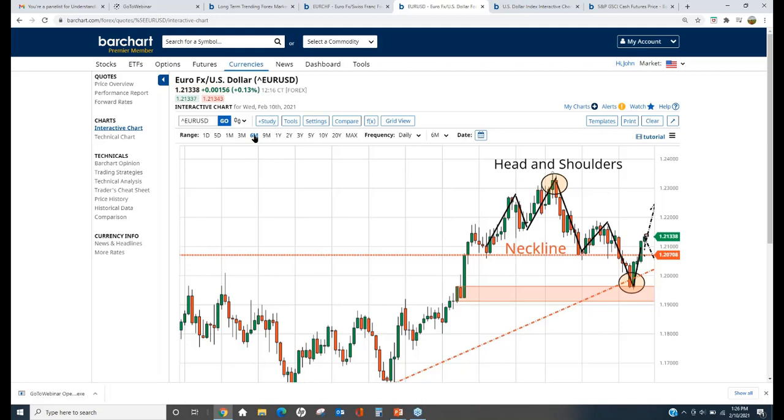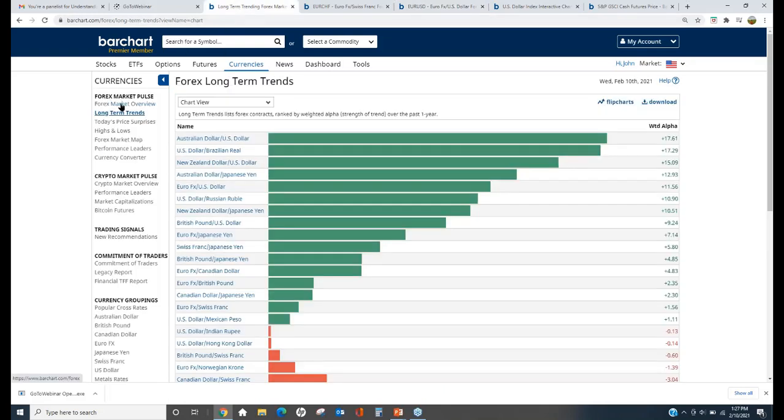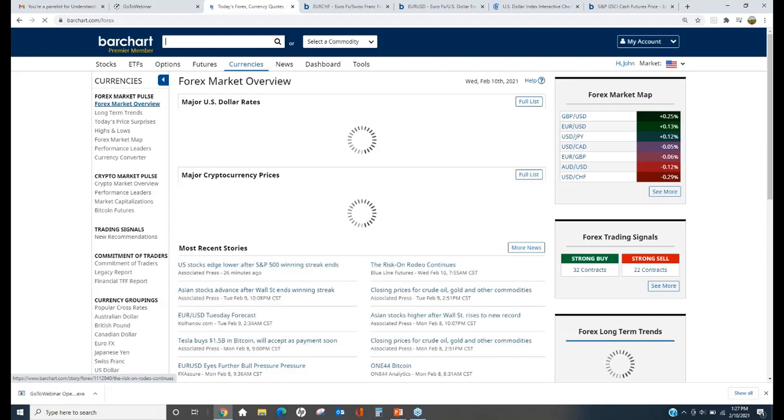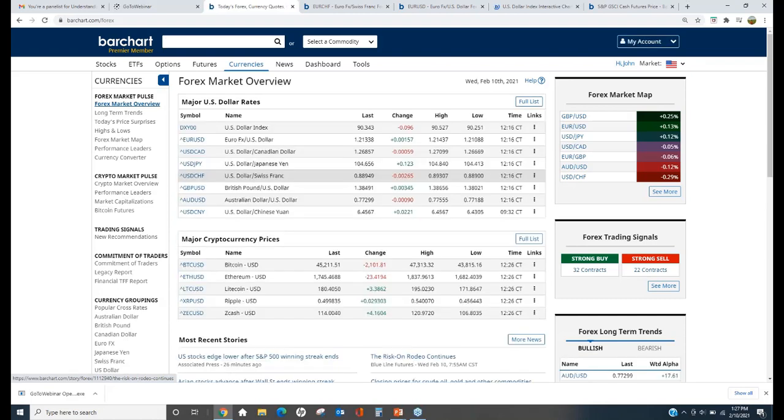All right, the next thing I want to talk to you about is the concept of risk on, risk off. Let's go back to our main page, where we talked about that news story. One of the things we'll discover in Forex is that certain currencies have a tendency to perform better when there's an appetite for risk in markets.